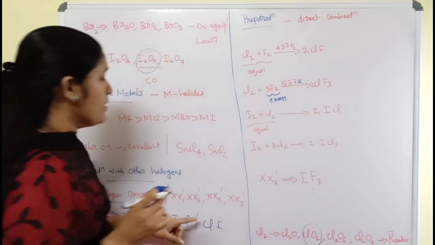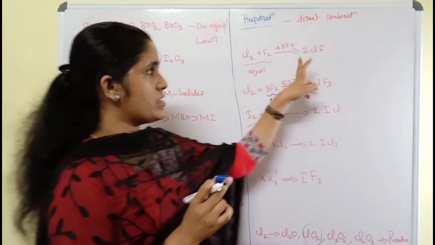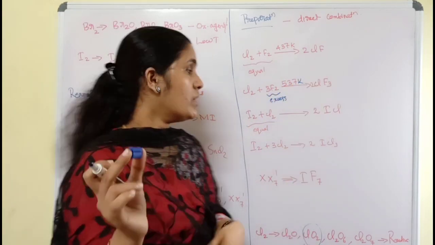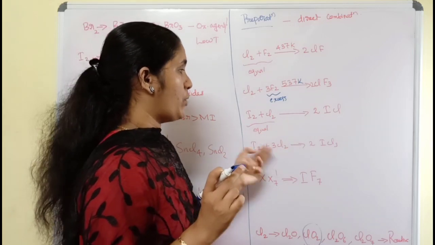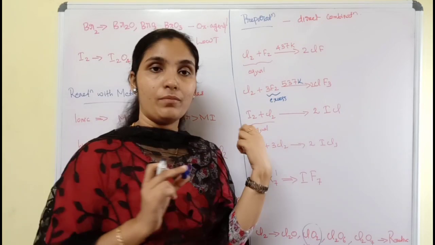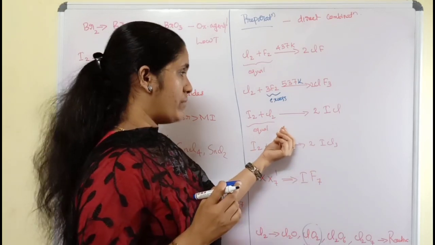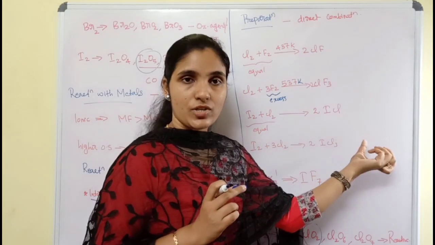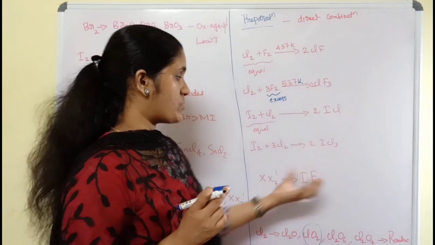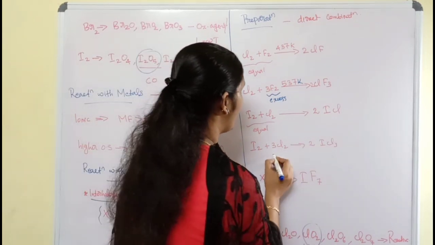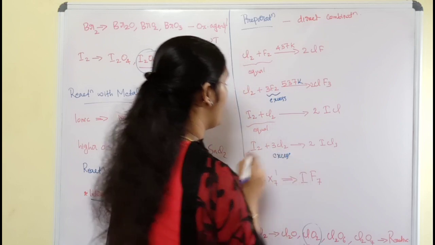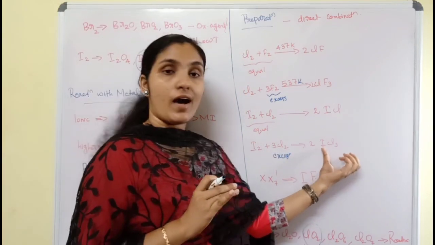This one comes under XX3', but this is XX'. Okay. And next one, iodine and chlorine. A compound of iodine and chlorine can be prepared. If we take equal amounts of iodine and chlorine, we will get XX' type. ICl will be formed. And if we take excess chlorine, we will get ICl3.